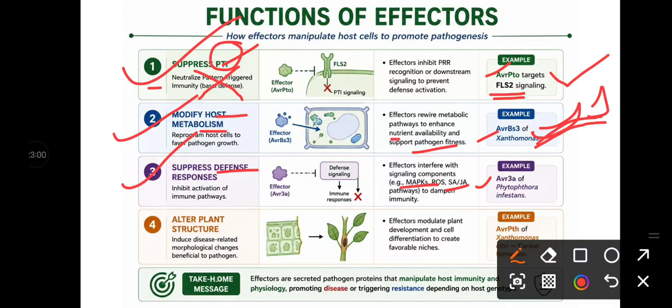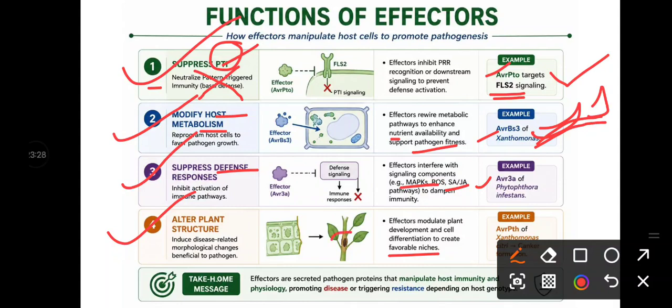Then the final mechanism is that the effector alters plant structure. It induces disease-related morphological changes beneficial to the pathogen. Some morphological or structural abnormality it may create. The effector modulates plant development and cell differentiation to create favorable niches for the pathogen.